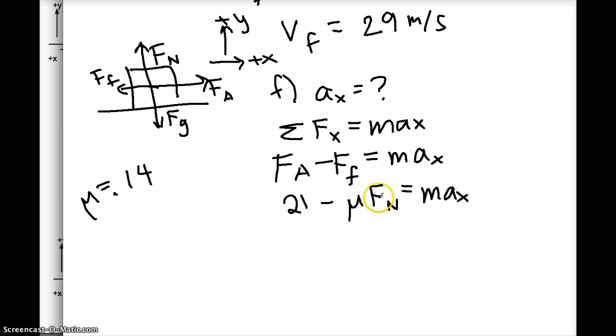So in order for me to complete this, I'm going to need to know what the normal force is. I mentioned in the first part that since it's not accelerating in the y direction, this normal force and this force of gravity must be balanced. So the normal force and the force of gravity are equal to each other. Normal force, therefore, is mass times g.